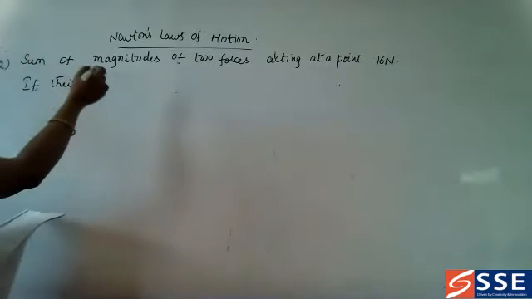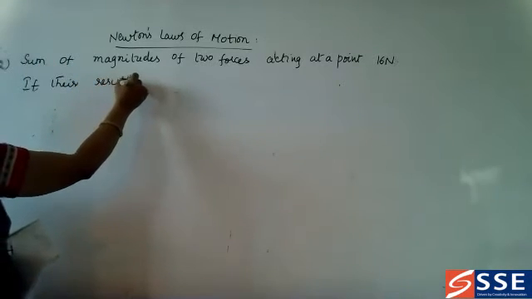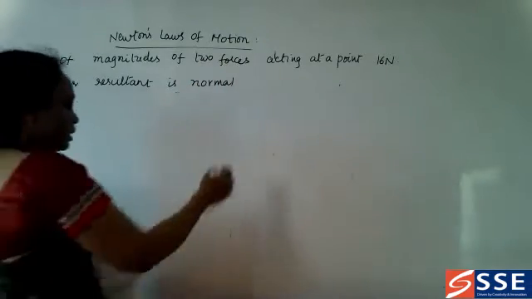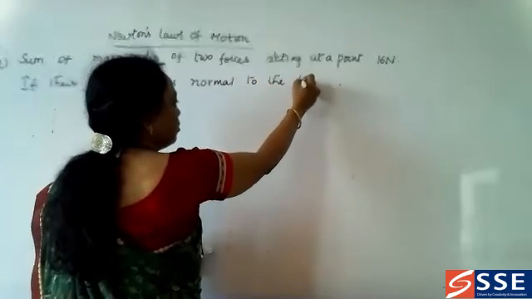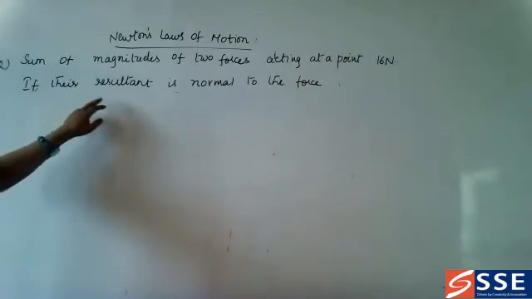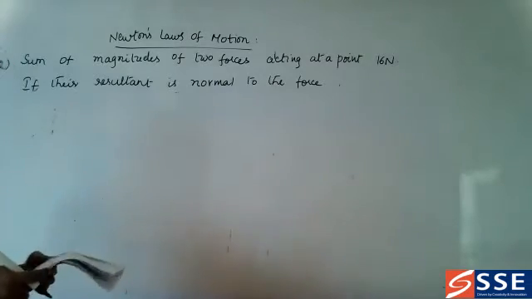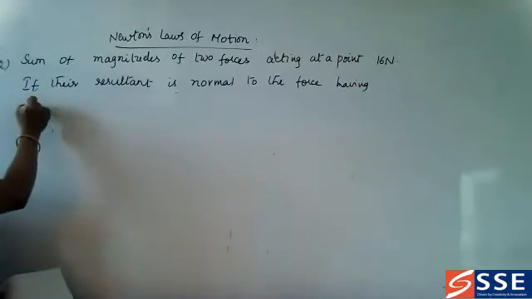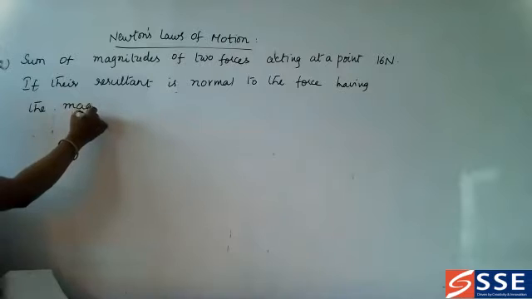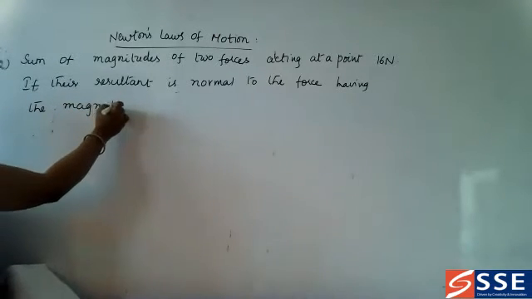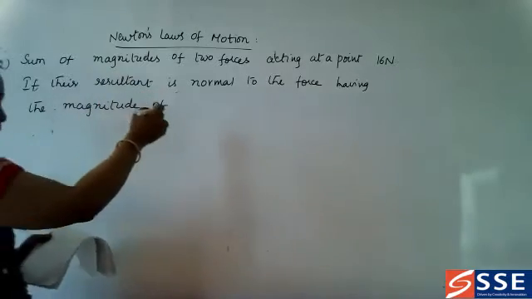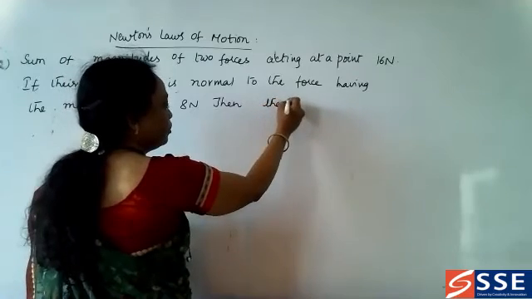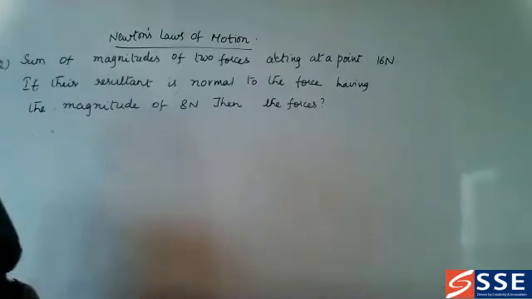If their resultant is normal to the force, normal is nothing but perpendicular, the resultant must be perpendicular to this force, and has a magnitude of 8 newtons, then what are the forces that we can get?